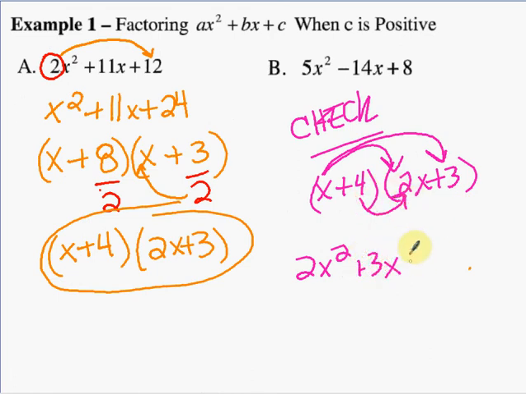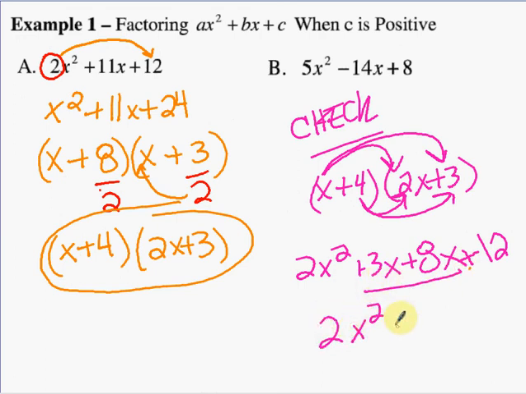That arrow is 8x. Last arrow is going to be 12. And if I combine those two like terms, I get the 11x in the middle. And you can see that I have the original problem, and so that tells me that I went through the cheat method correctly.